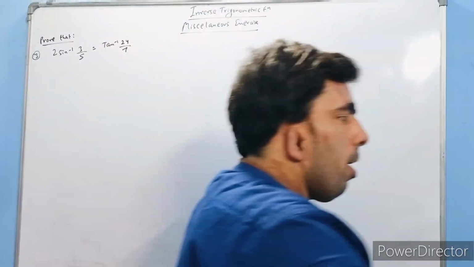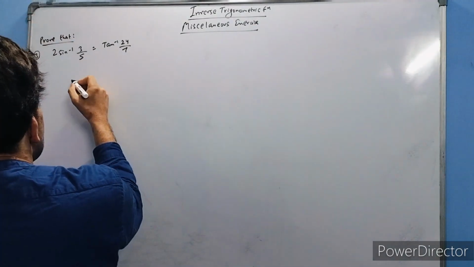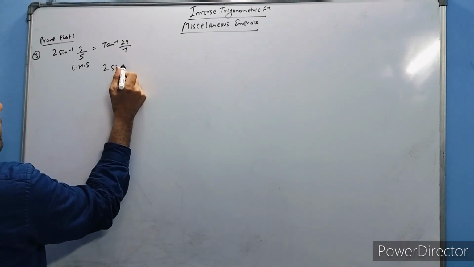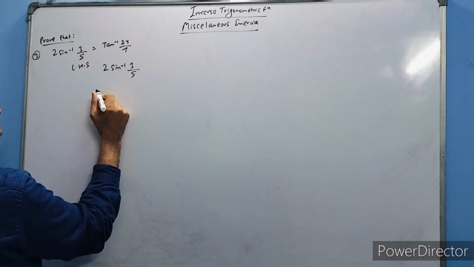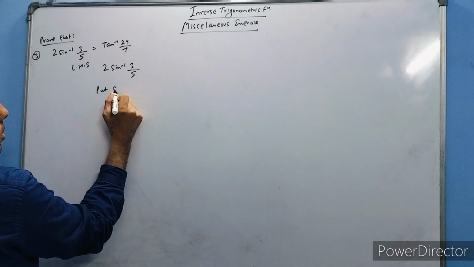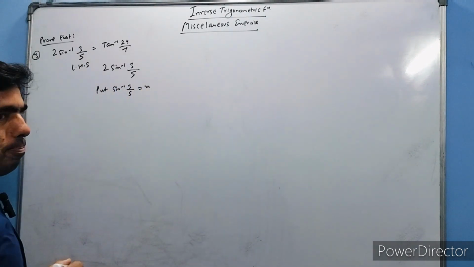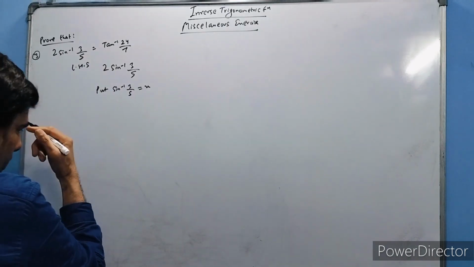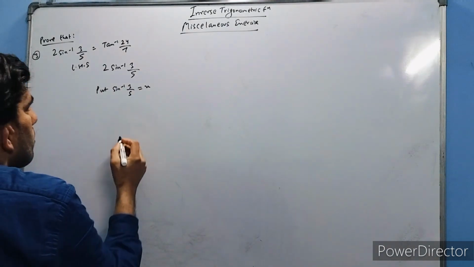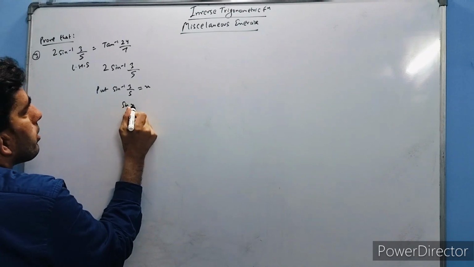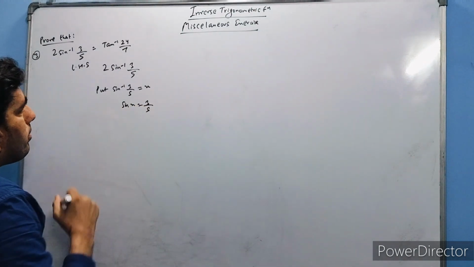Let us try to solve this. LHS: 2 sine inverse 3 upon 5. Put sine inverse 3 upon 5 equal to x. So we can write sin x is equal to 3 upon 5.